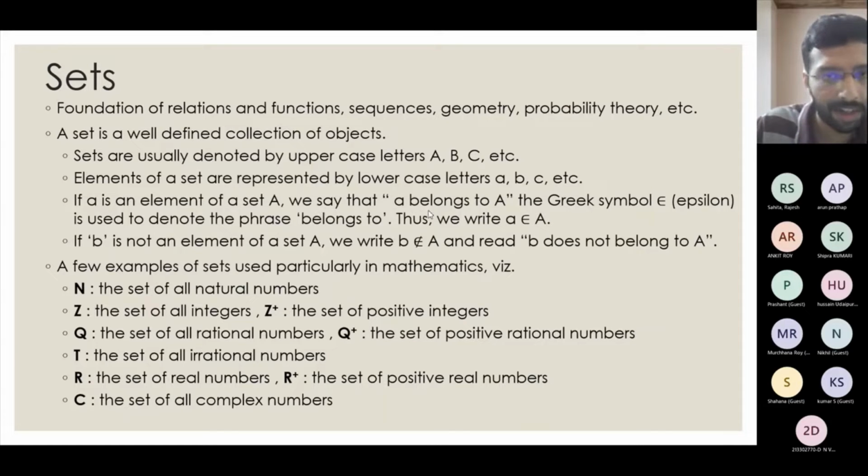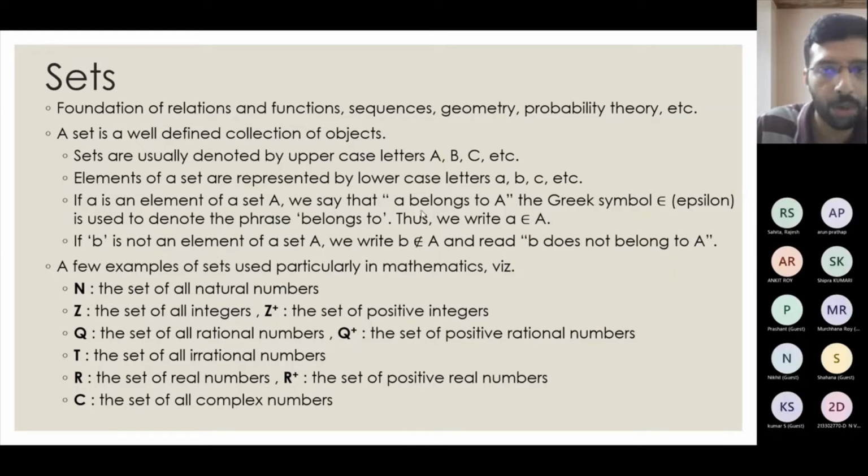The operator used to denote belongs to is called epsilon, the Greek small letter epsilon. So it is used to denote that the element small a belongs to the set capital A. And similarly, for not belonging to a particular set, we denote it as epsilon with a cross. That tells me that this is not an element of that particular set.